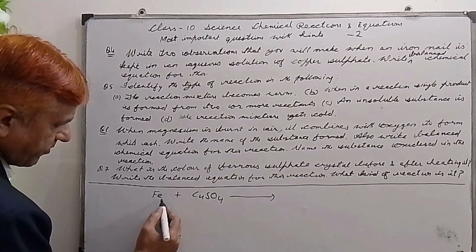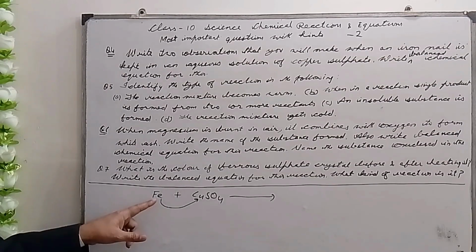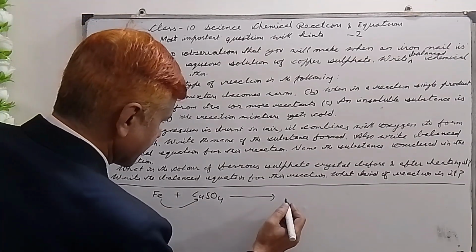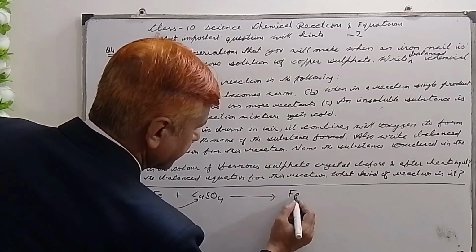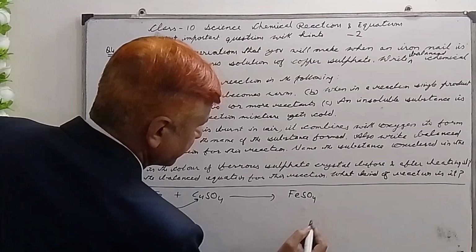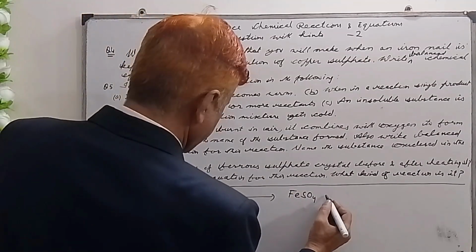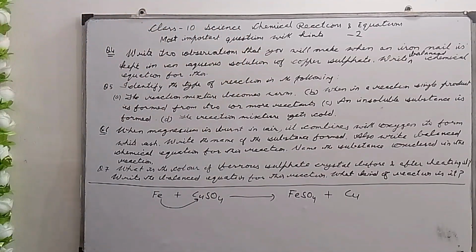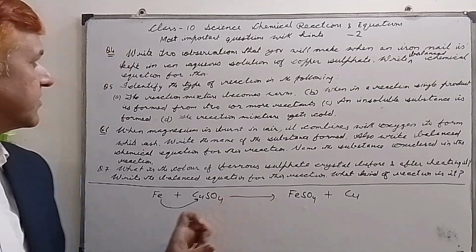Iron will displace copper, being more reactive than copper. So what happens? Iron sulfate, ferrous sulfate, plus copper. So my dear students, this is the chemical reaction.